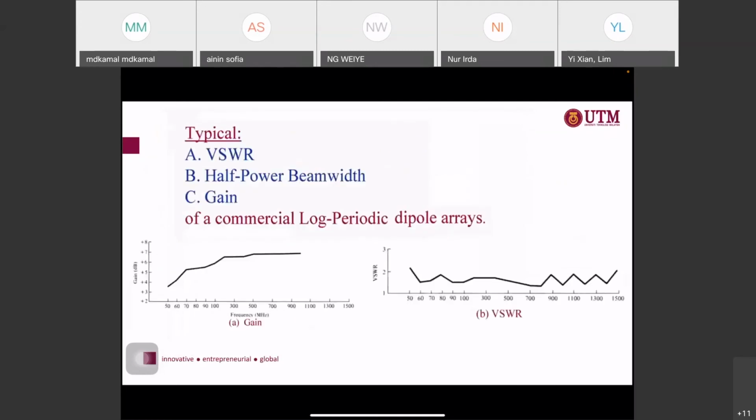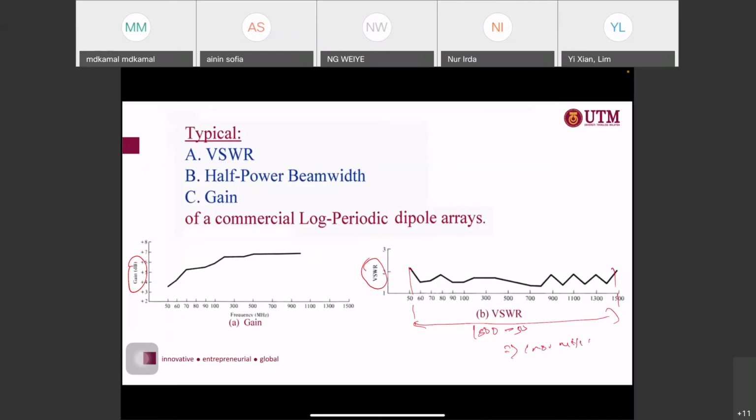Typical VSWR. This is your VSWR, again typically about 7 to 8 dB, and you can see that it is very huge. If you talk about the bandwidth, 1500 minus 50, we have roughly about 1000 megahertz, for example.